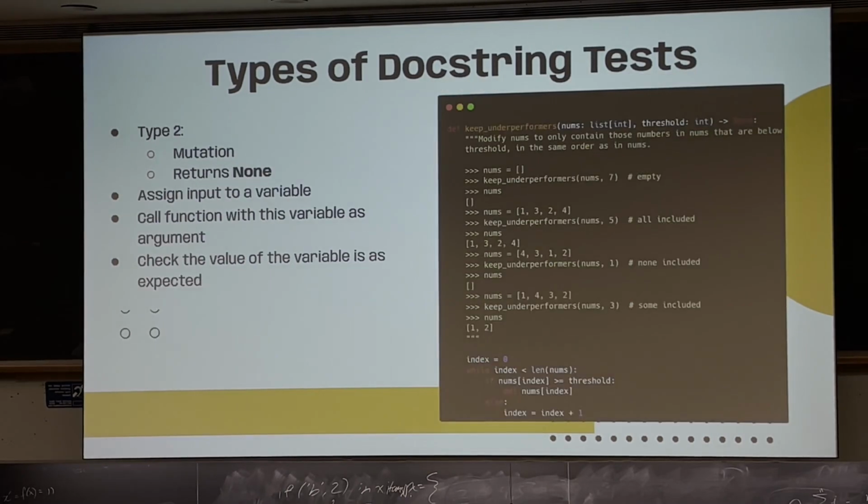You guys have probably done this quite a bit on assignments. The type 2 is where, like I mentioned before, you don't have a return statement, so it'll be just a None. Essentially you're just performing a mutation. In this case, you want to define or initialize some kind of variable, and then you want to call your function with respect to that variable.